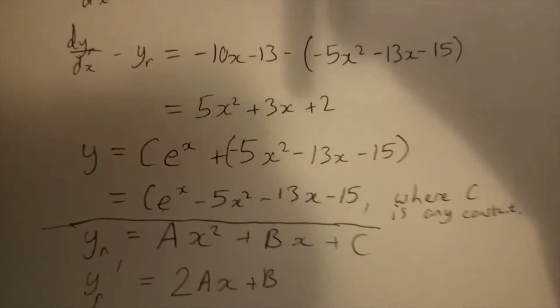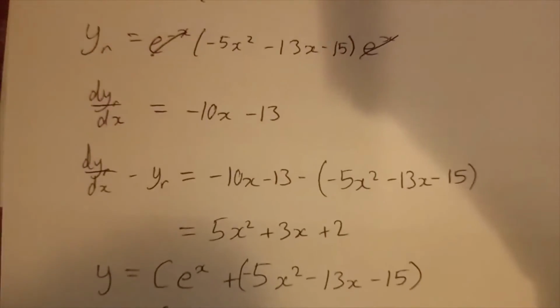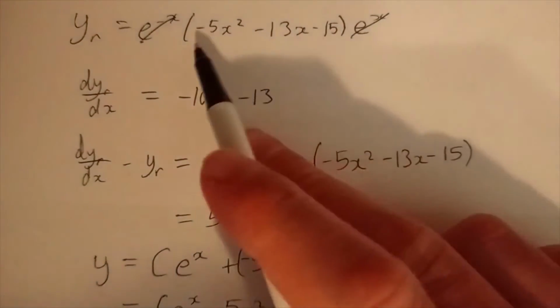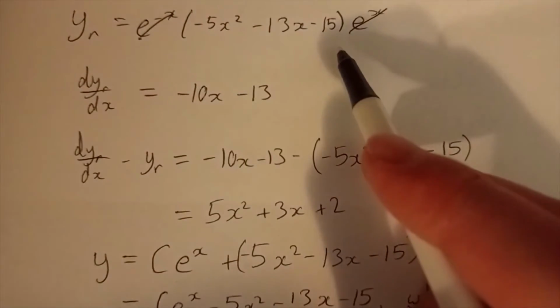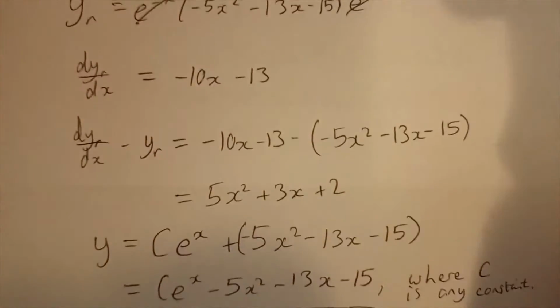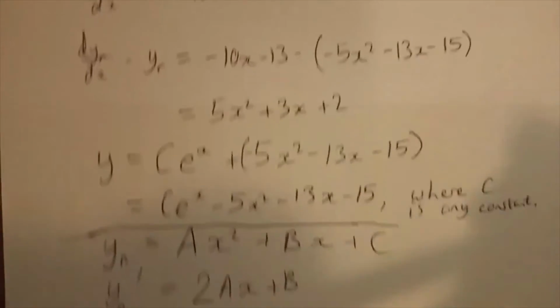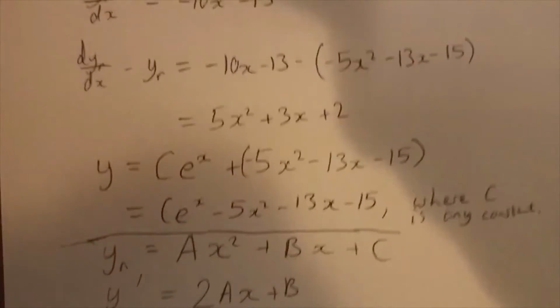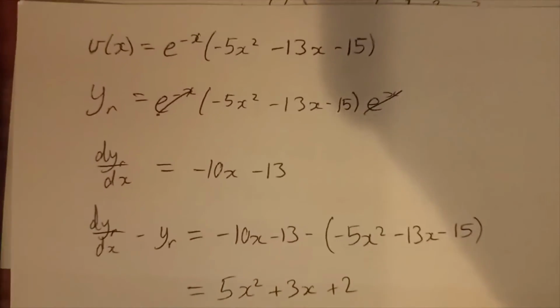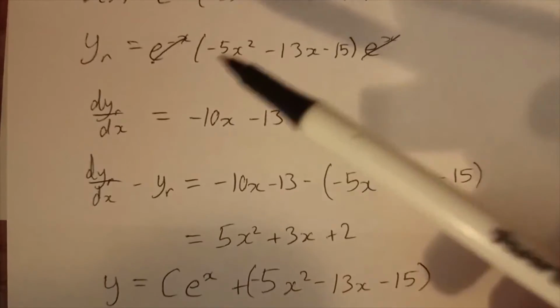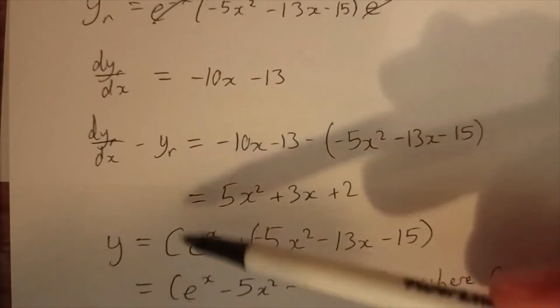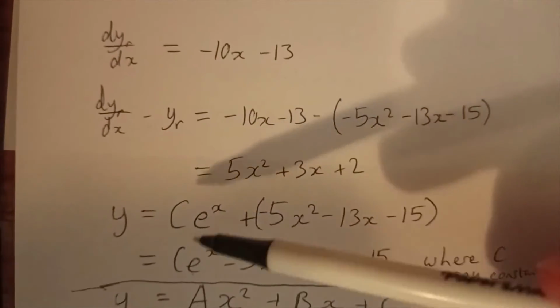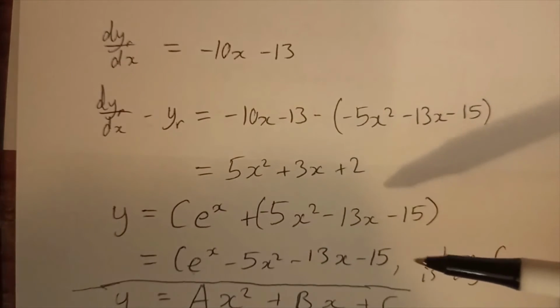Which is the same yp as we got before, using the other technique, the variation of parameters technique. And then if we use this technique down here and got this solution again, which is exactly the same as the other solution, of course, combining it with the general solution to the associated homogeneous equation would have given us this equation here.